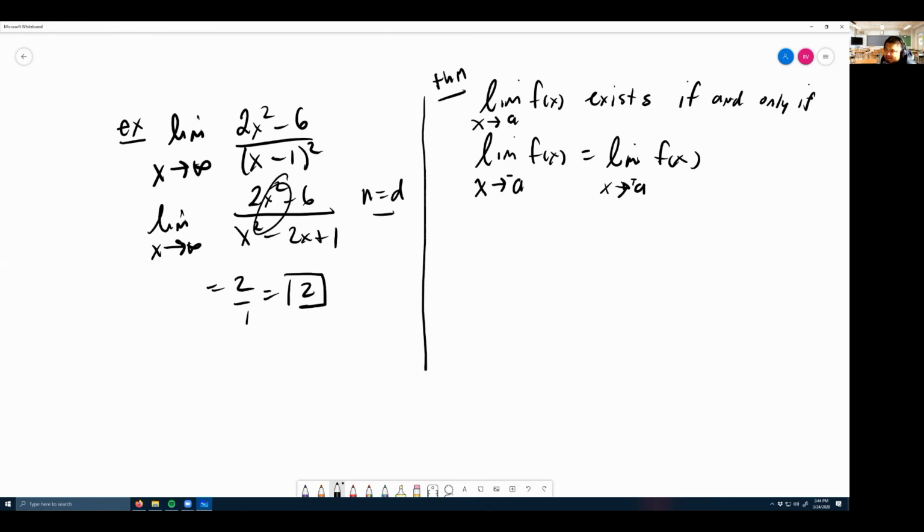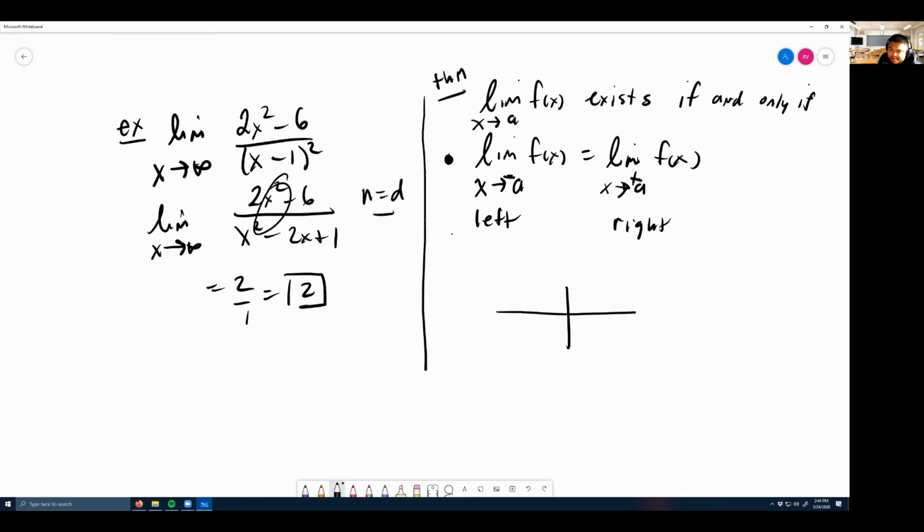The limit of f of x exists if and only if the limit approaching from the left and the right are equal. The reason I have this plus sign is that it means from the right, and the minus means from the left. They have to be equal.